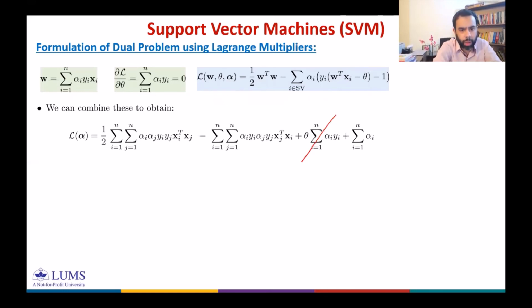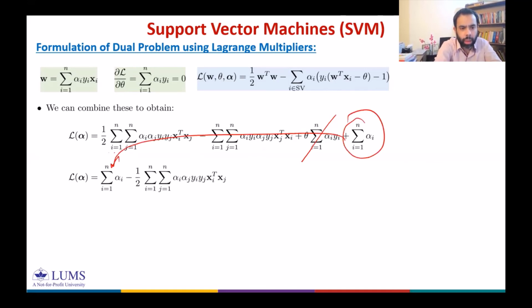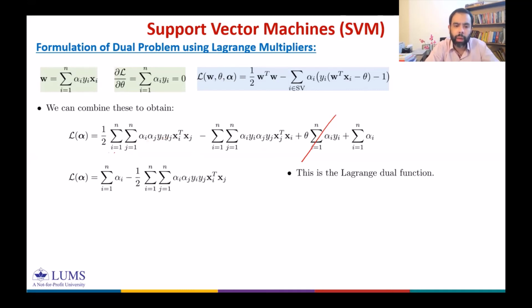So what's here is exactly this, but here we have 1/2, here we have -1. When you combine these two, you get this quantity, and then we have negative half of this term by combining the first two terms. Okay, and this is the Lagrange dual function. How do you interpret this function?